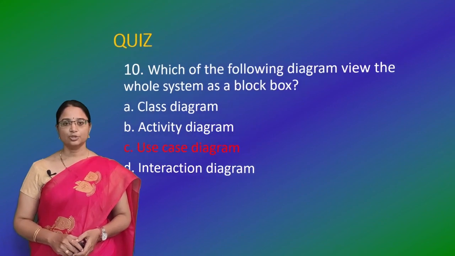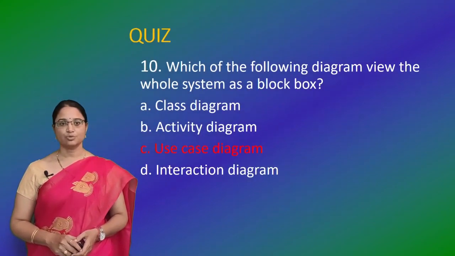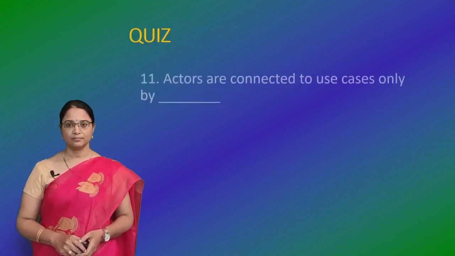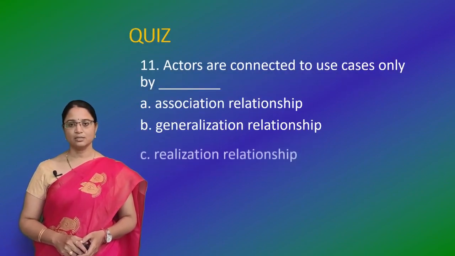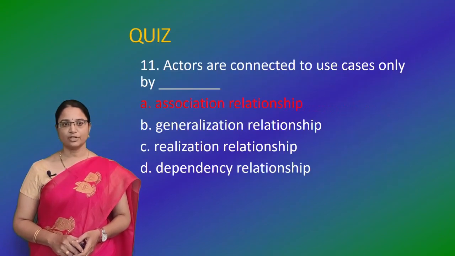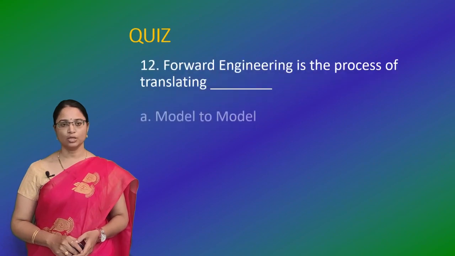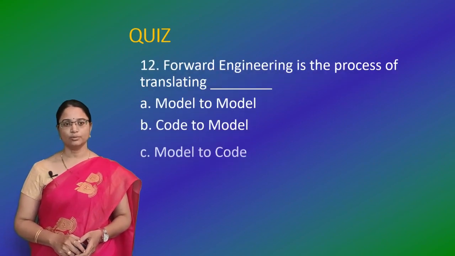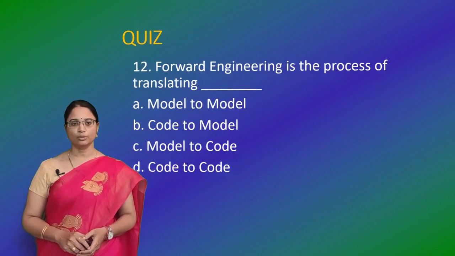Actors are connected to the use cases only by association, generalization, realization, dependency. We have already discussed this, that is association. Forward engineering is the process of translating dash. Options: model to model, code to model, model to code, code to code. That is model to code.